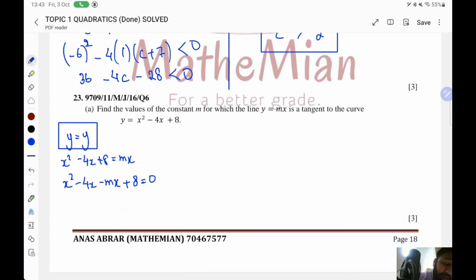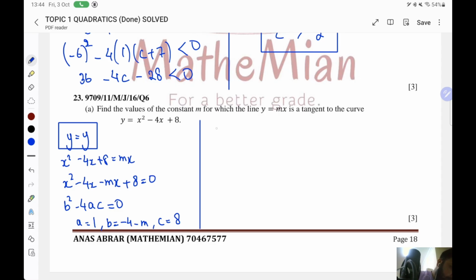And he said in the question that b squared minus 4ac will be equal to 0, because the line and the curve are tangent to each other. So the value of a is 1, the value of b is minus 4 minus m, the value of c is 8. Let's substitute the values in here.